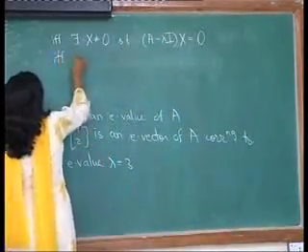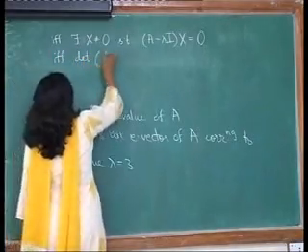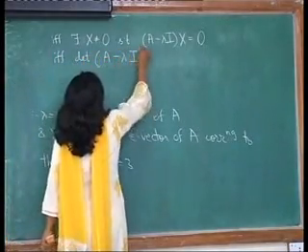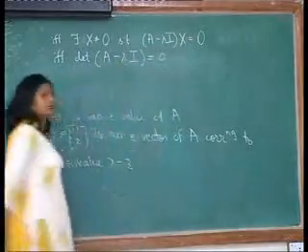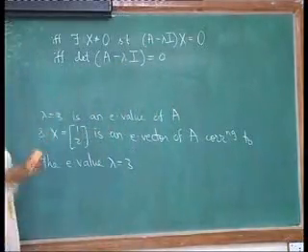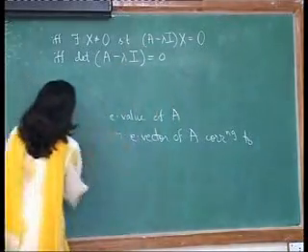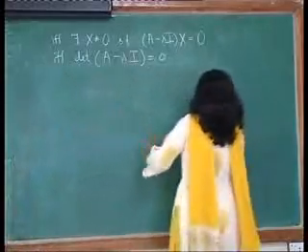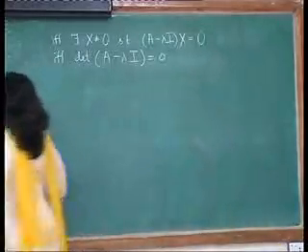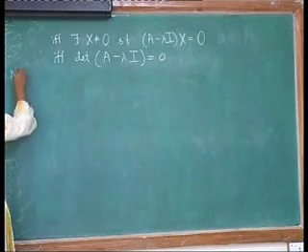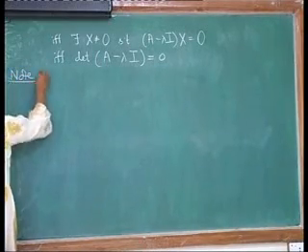So in this case, this will happen if and only if determinant of A minus lambda I is equal to 0. And there we are. That gives us a method to find the eigenvalues of a matrix.